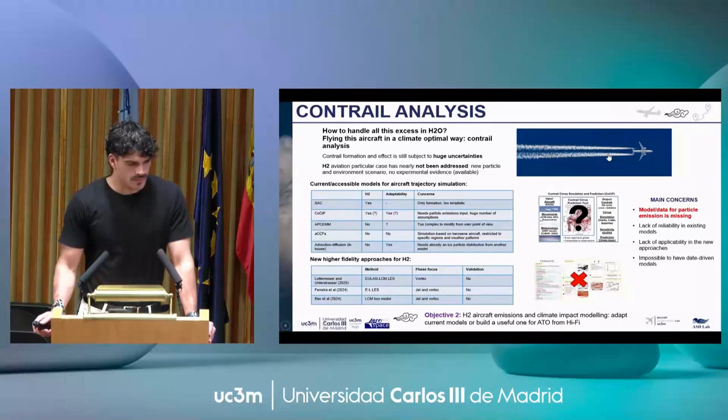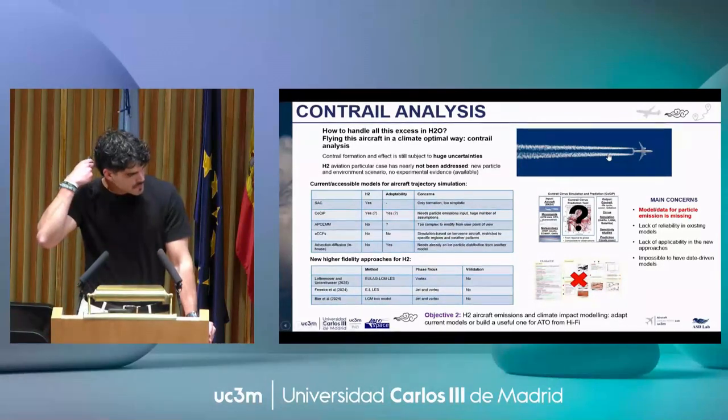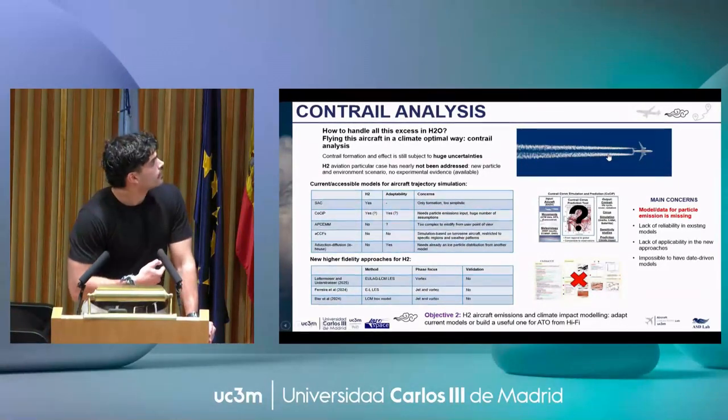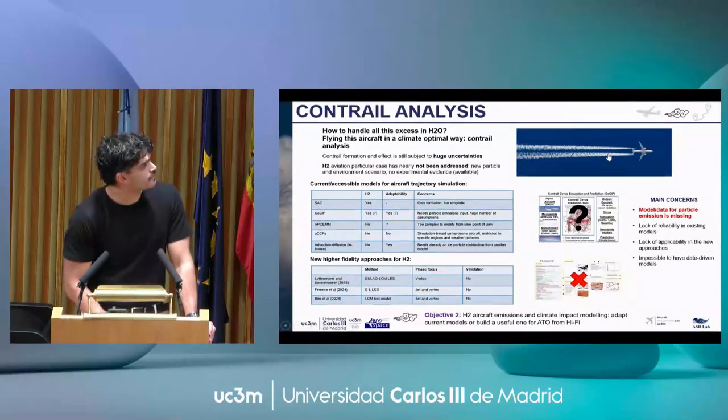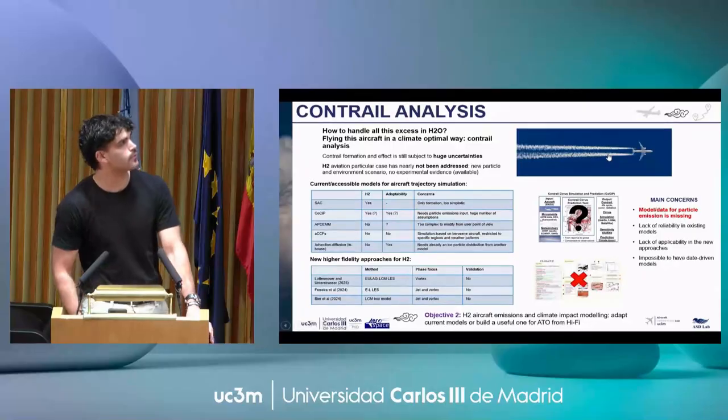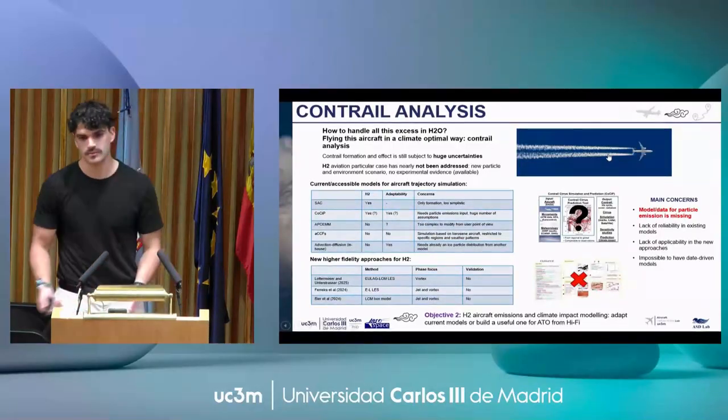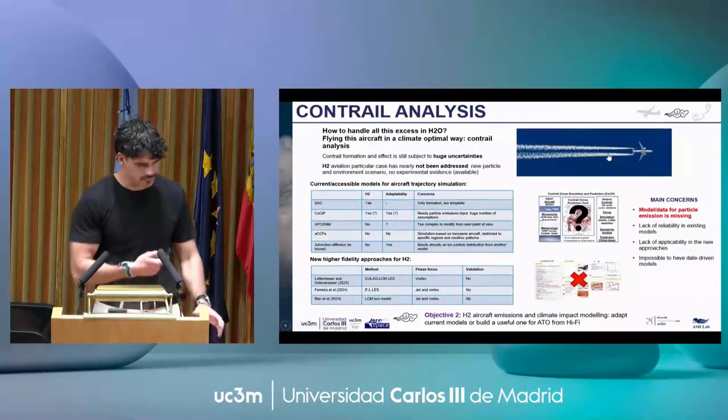So, redefining this second objective, we need to adapt any of these current models for hydrogen, or basically make any of these high fidelity ones useful for aircraft trajectory simulation and optimization.